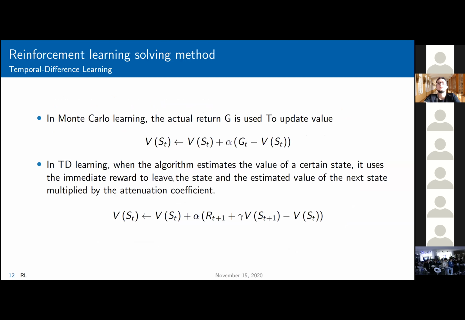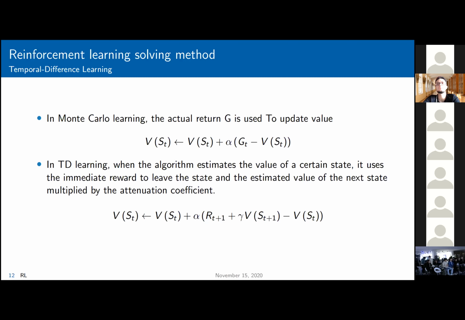TD prediction is the same as the Monte Carlo method. There are still two parts of calculation. The first part is TD prediction, and the second part is TD control, whose purpose is to obtain the optimal policy.